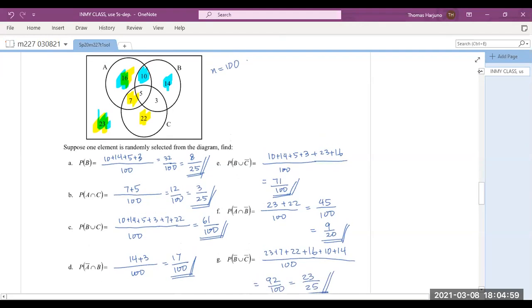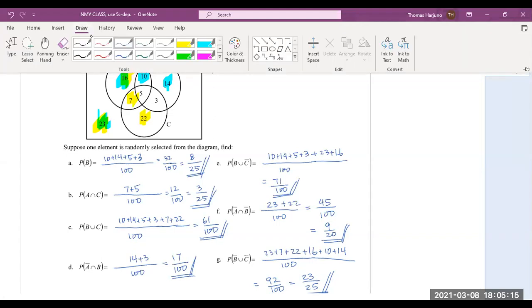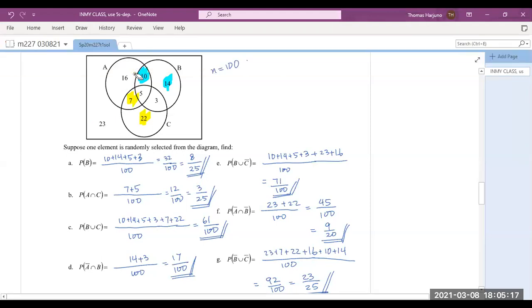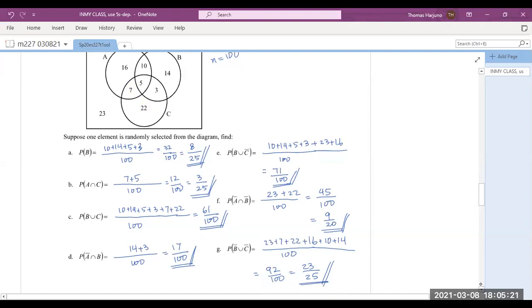Okay, any questions so far? No, I always get turned around with the not in B, and the last one I always get a little confused on.